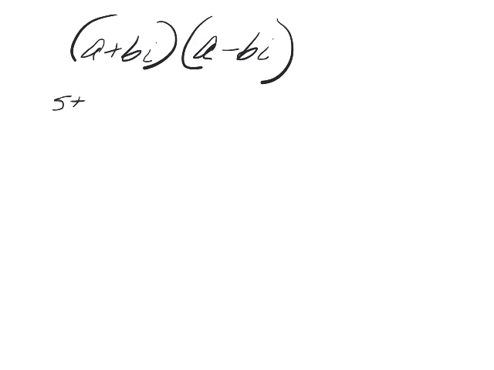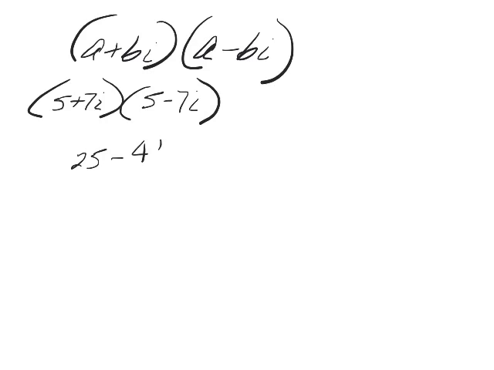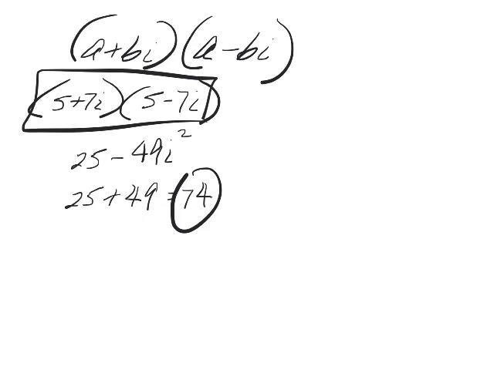So 5 plus 7i, and we're going to multiply that by 5 minus 7i, and all you have to do is square the first term and square the second term with a minus sign between, and you remember that i squared is negative 1, so you get 25 plus 49, and that gives you 74 when you multiply these two together.